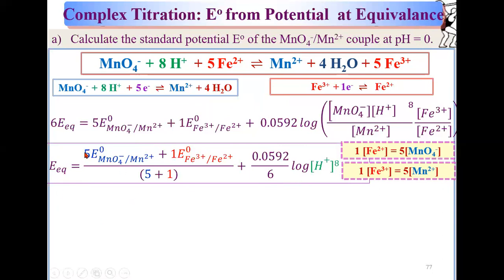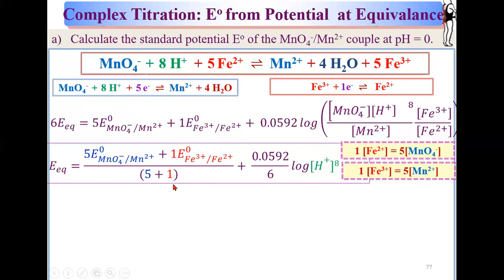It's simply the number of electrons in one half reaction multiplied by the E naught of the couple for this reaction, plus the number of electrons transferred for the other half reaction multiplied by the E naught for this half reaction, divided by the total number of electrons, not 5 times 1 like in delta E in the K expression, but 5 electrons plus 1 electron.